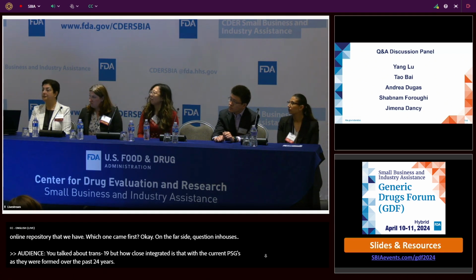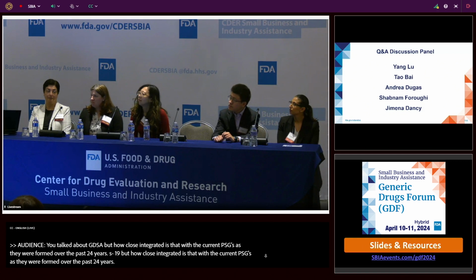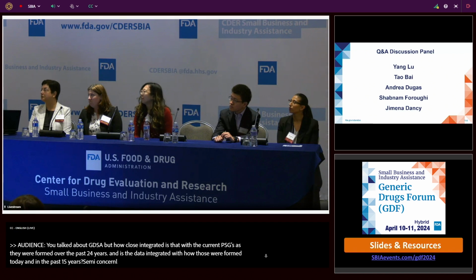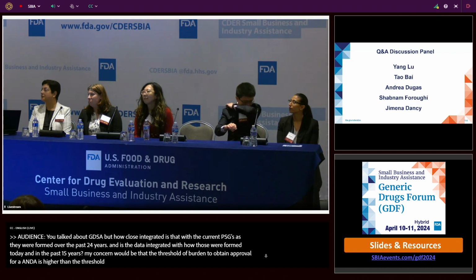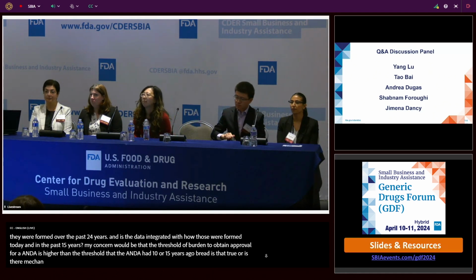And is the data that is going to be taken from that system database actually integrated with how those were formed today and in the past 15 years? So my concern would be that the threshold of burden to obtain approval for an ANDA is higher than the threshold that the NDA had 10 or 15 years ago. So is that true, or is there a mechanism in place to make sure that that doesn't happen?